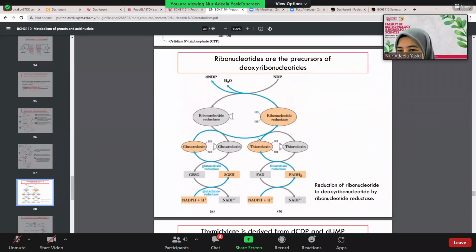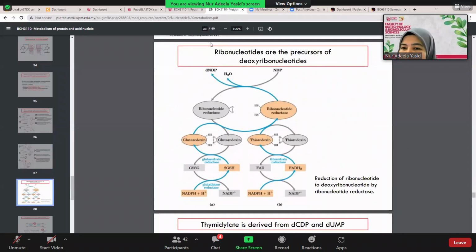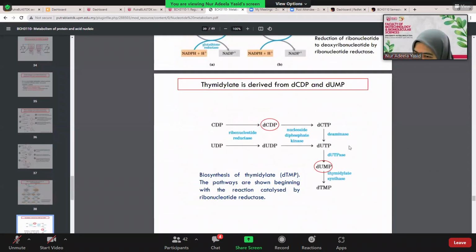Okay, go back to this reaction. Kita tahu UTP converted to CTP by amination, addition of amino group daripada glutamine, to form CTP. So kalau kita nak convert balik CTP ke UTP, you need to undergo deamination, buang balik that amino group. And the DUTP, before we can convert it to thymidine, it needs to be converted to DUMP.